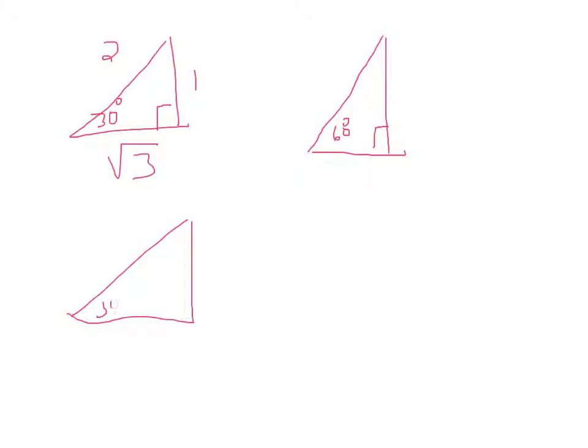Whereas this is the 30-degree angle, and this is the hypotenuse, this is half the hypotenuse, and the side opposite the 60-degree angle is half the hypotenuse times the square root of 3. So if the hypotenuse is 2, the side opposite the 30 is 1, and the other one is 1 times the square root of 3. I didn't write the 1, of course.